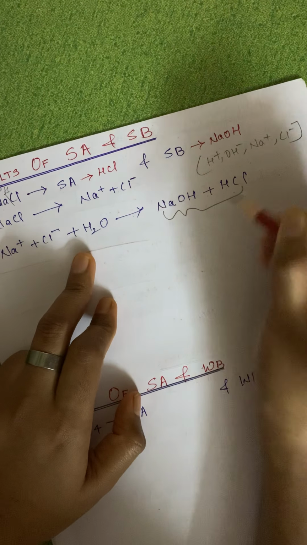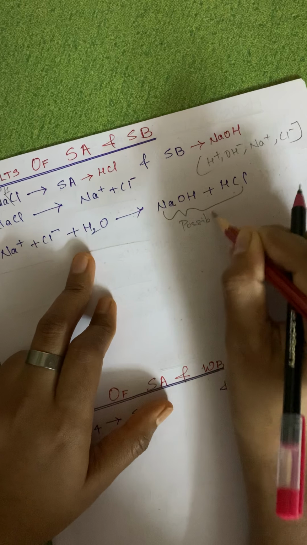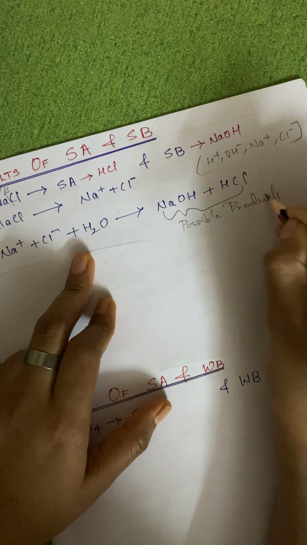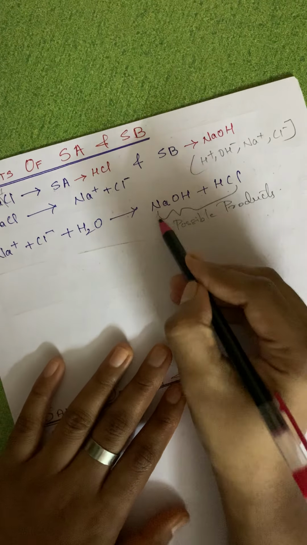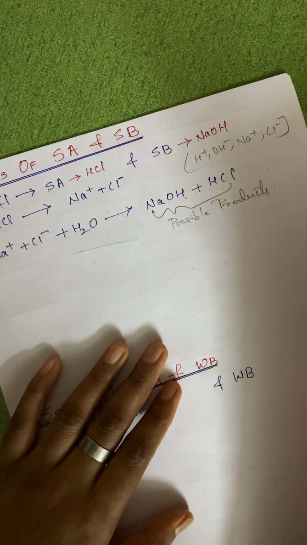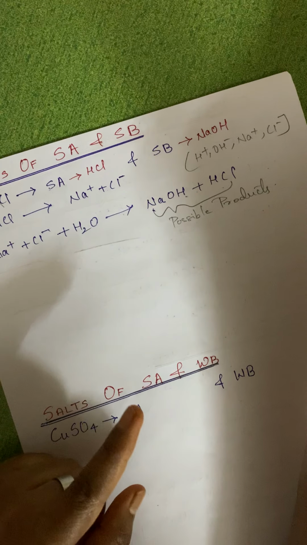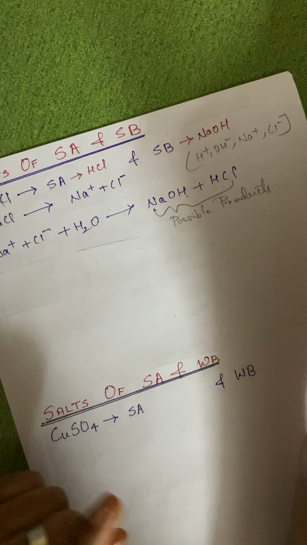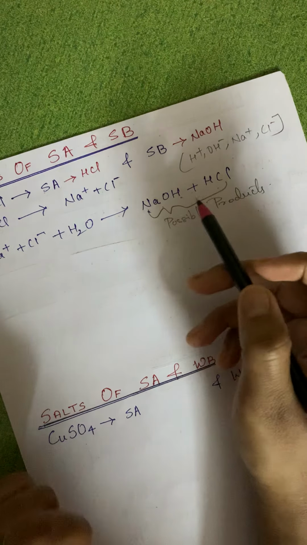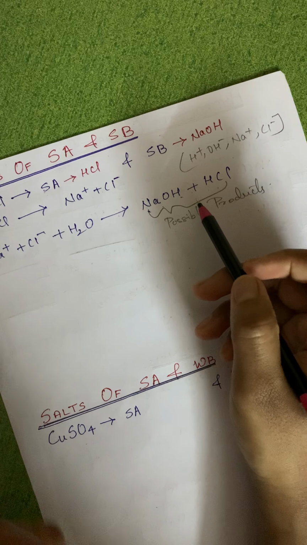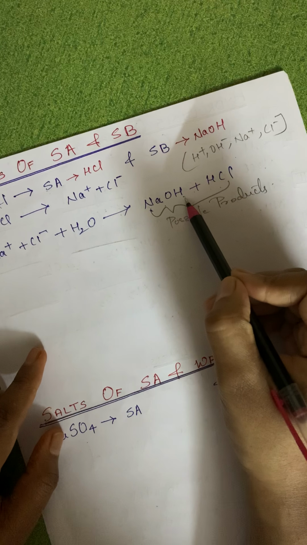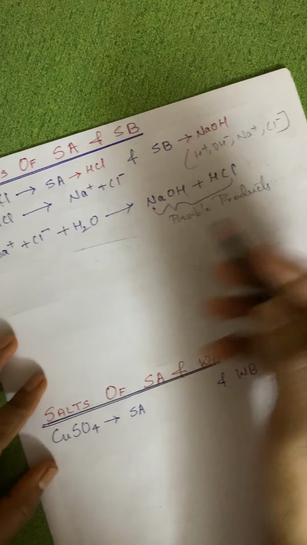These are nothing but the possible products. But we know that NaOH and HCl are strong electrolytes. We have learned that strong electrolytes, when in water, will dissociate. They cannot form a molecule as such, they will be present in a dissociated form. So this won't happen in water, it will try to dissociate. So what will it form?